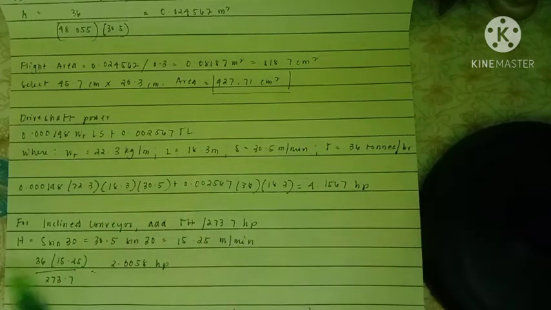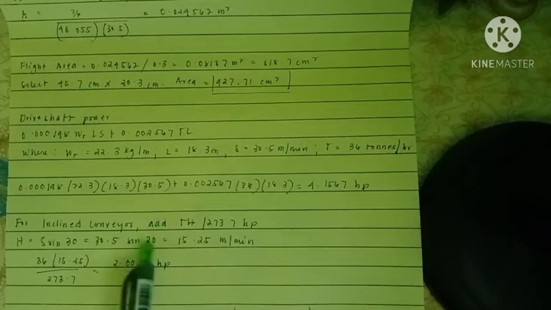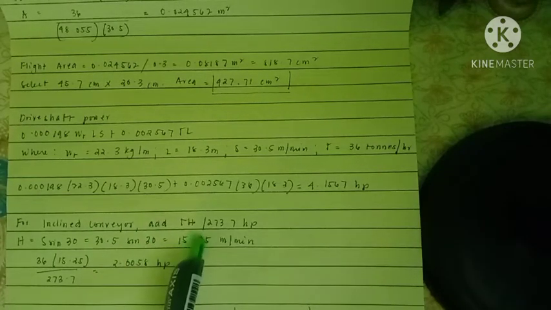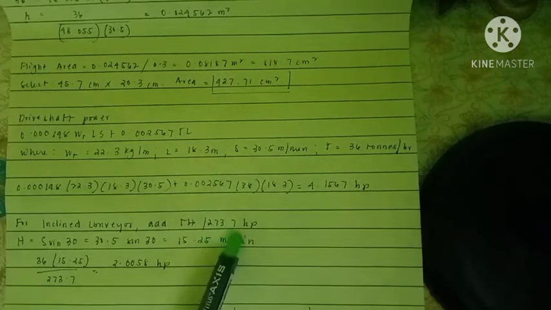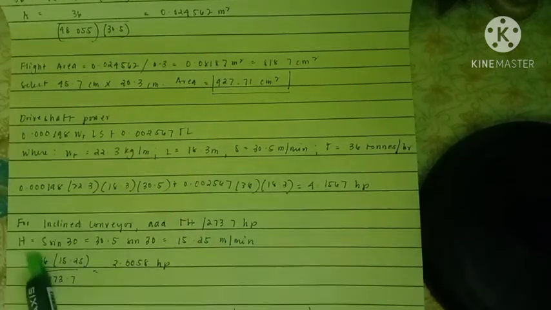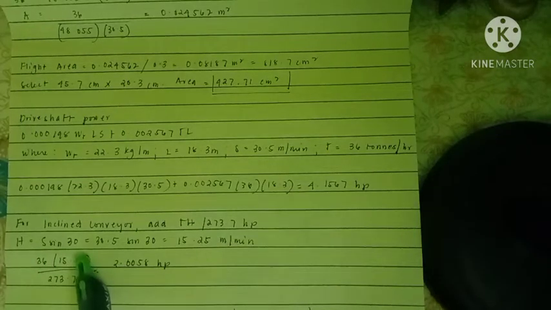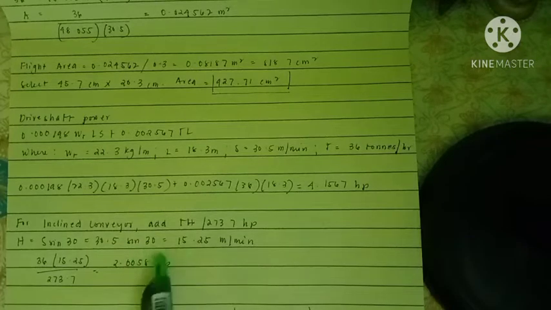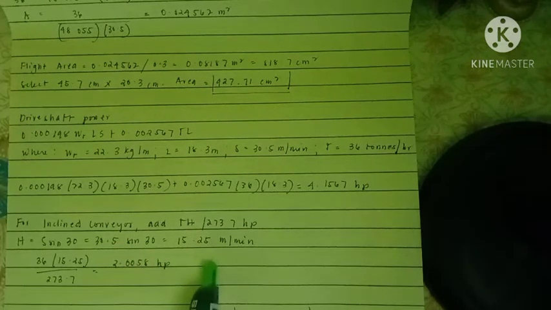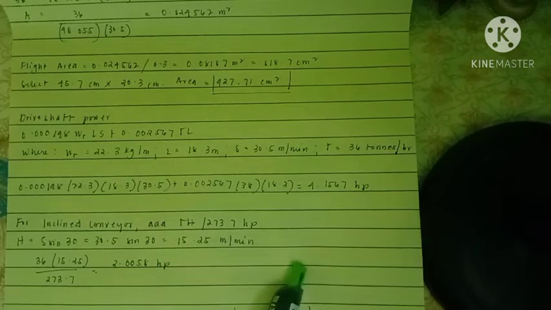4.1567 HP. So for an inclined conveyor, add T H over 273.7 HP. So H is equal to S sine 30, which is 30.5 sine 30, which will give us a result of 15.25 meters per minute.